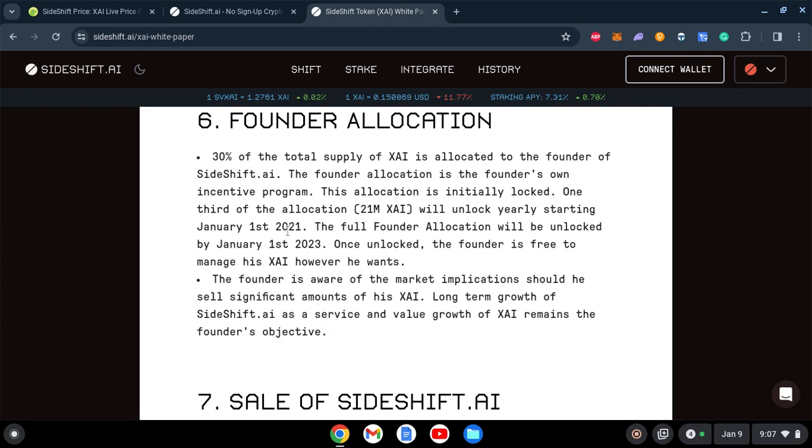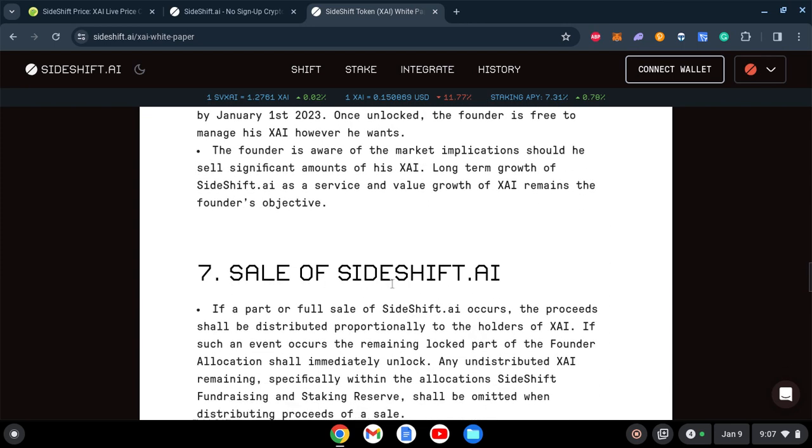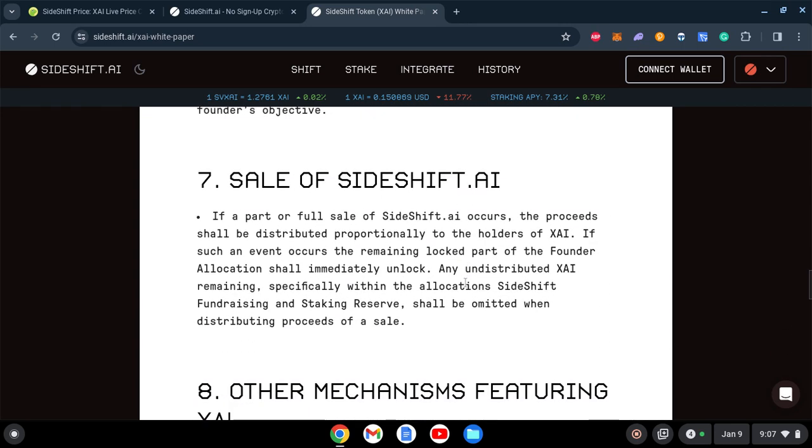As I said earlier, we have a simple procedure, the procedure of elimination. Then how are you guys going to do the same is the ultimate question. Apart from that, if a part or full sale of Sideshift.ai occurs, the proceeds shall be distributed proportionally to the holders of SAI.